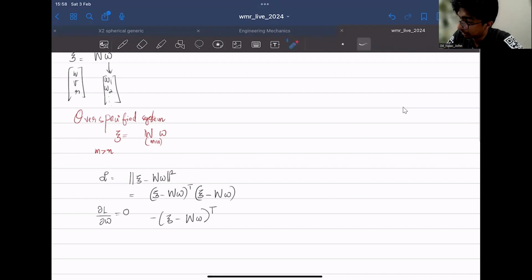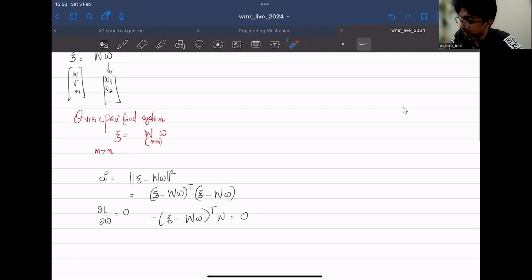Then we also have a coefficient of omega as W. You will have to multiply with W. This will be 0. There should be a 2 also, but since 2 can be taken to the other side, that becomes 0.